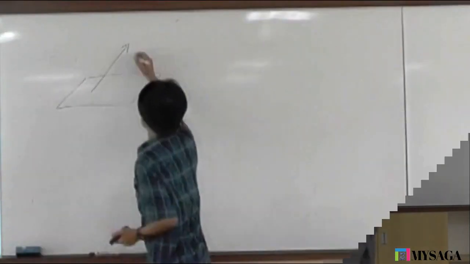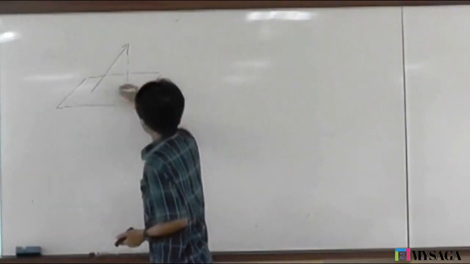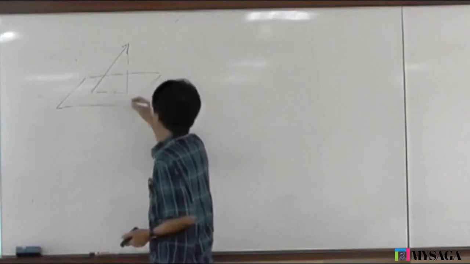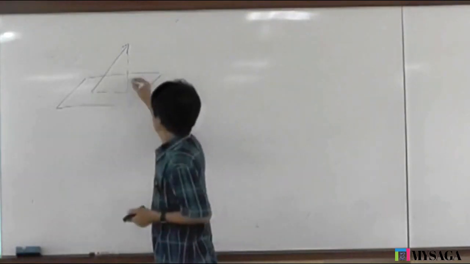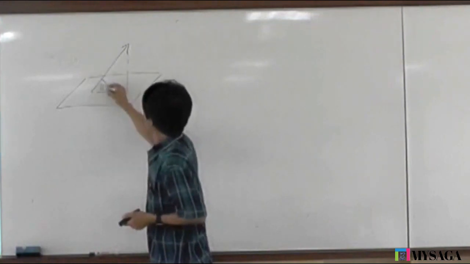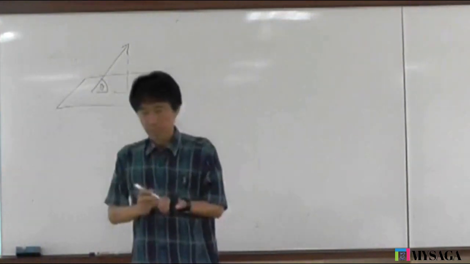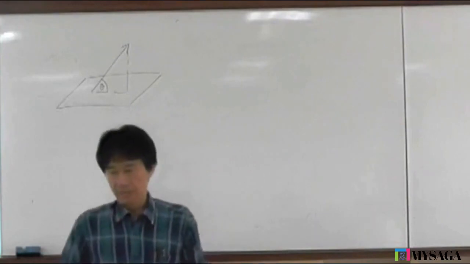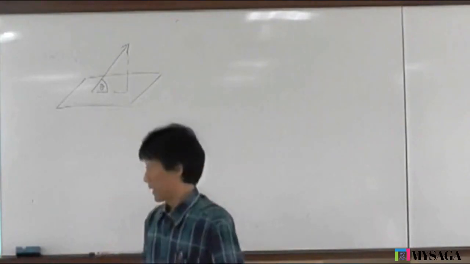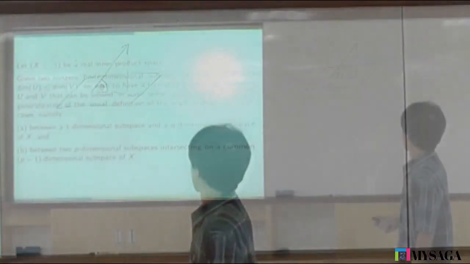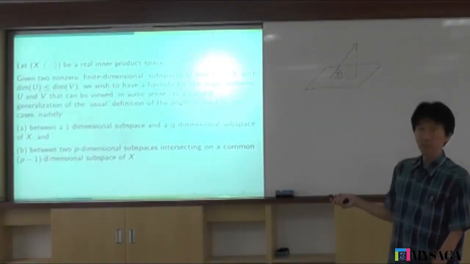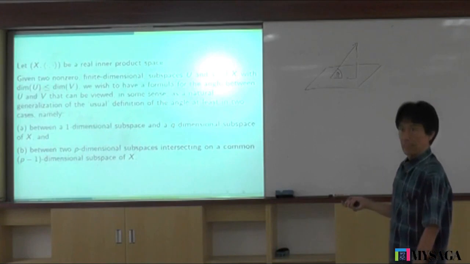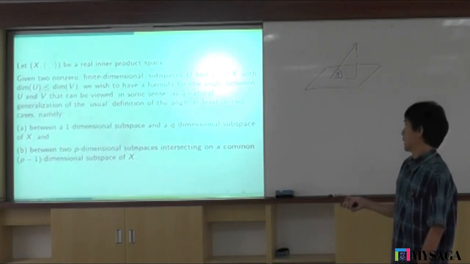You just compute the orthogonal projection, and then you compute the angle between the original vector and the projection. And I have also explained this when we discussed n-inner products.